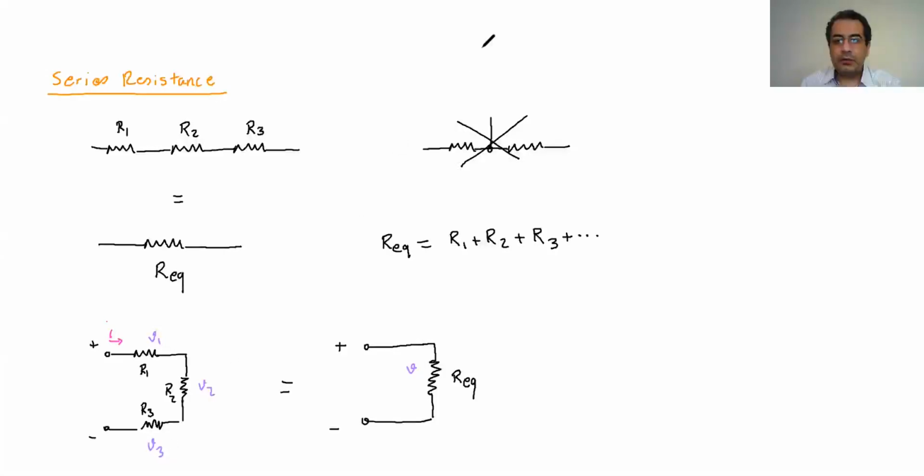But whatever current goes through that is I, exactly the same as I go through R1, R2, R3.